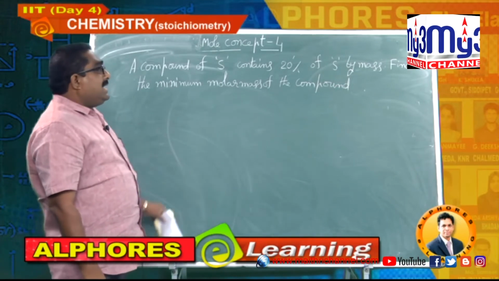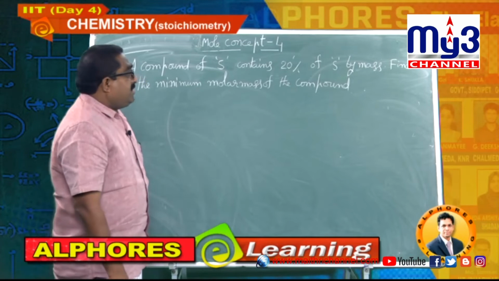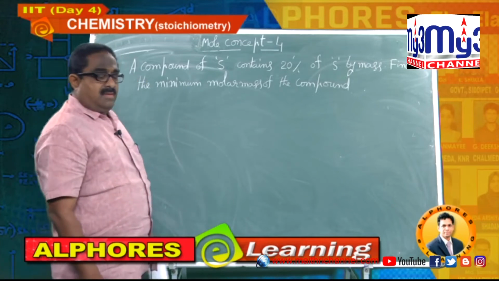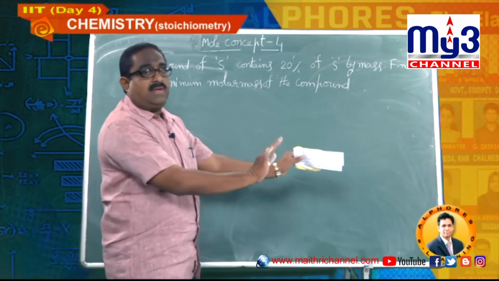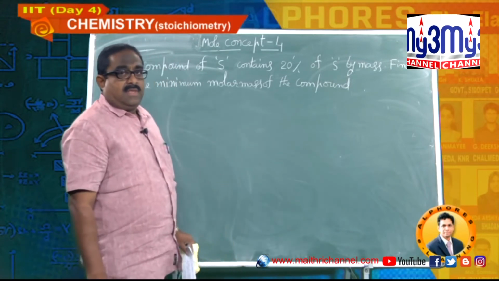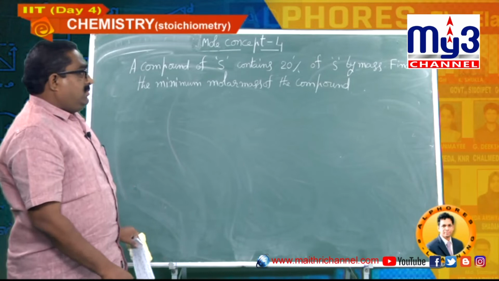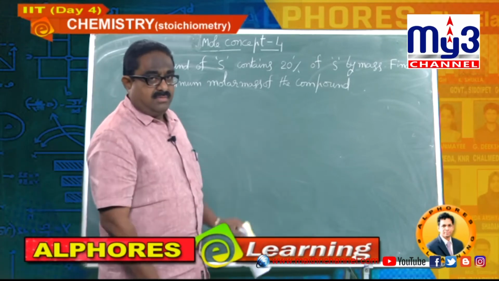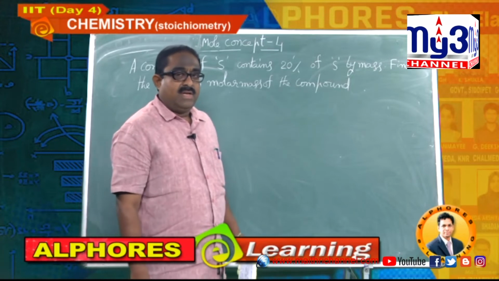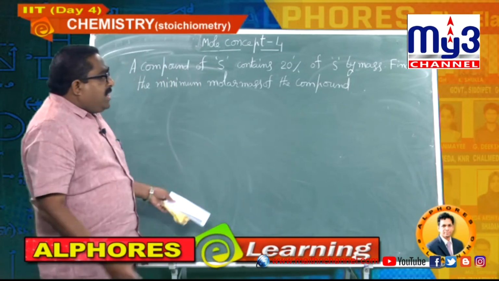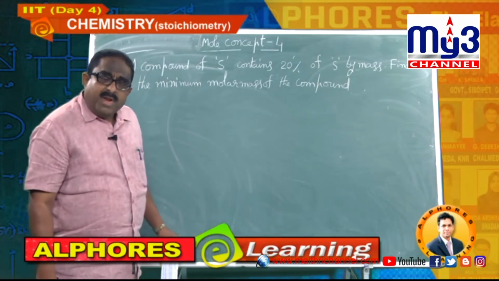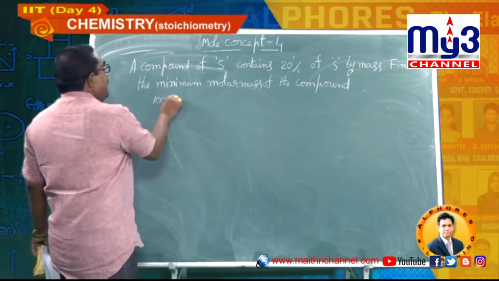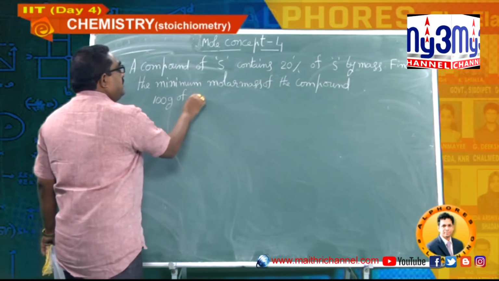Right. Let me explain the solution of this question. He has simply given a compound contains sulfur, and that too sulfur is present 20% by mass of the compound. That's what exactly given. 20% by mass of the compound means, I am writing 100 grams of compound.